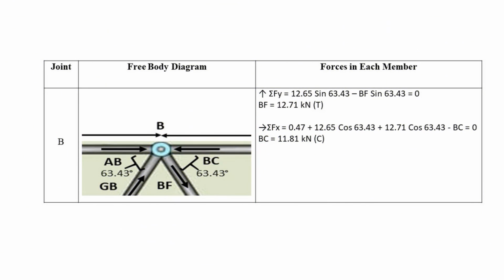To calculate the force that acts on joint B, we will not be using 5.64 kilonewtons. This is because there is no external force that acts on joint B. Therefore, the total force that acts on the y-axis in joint B is 12.65 sine 63.43 minus BF sine 63.43. 12.65 is obtained from our previous calculation where we figured out the force that acts on GB.